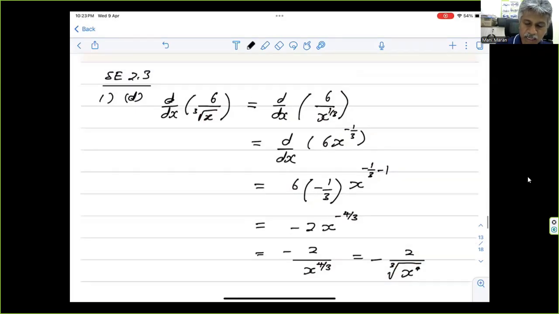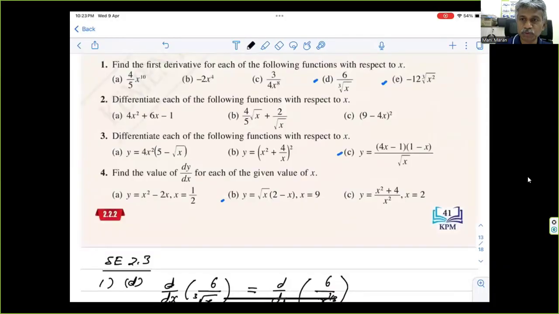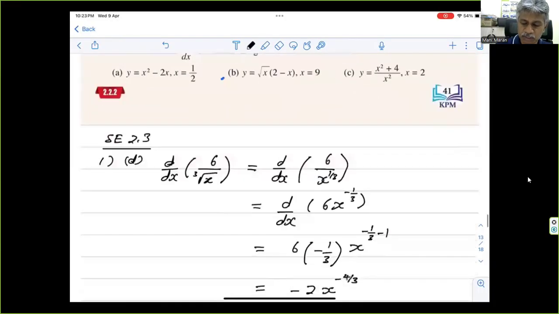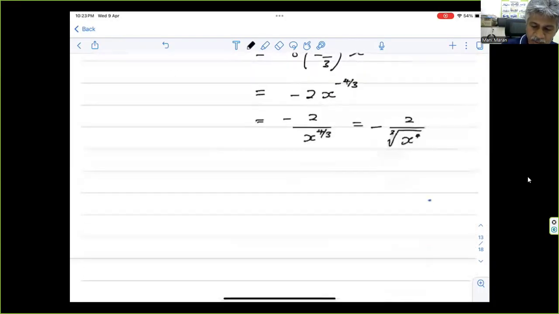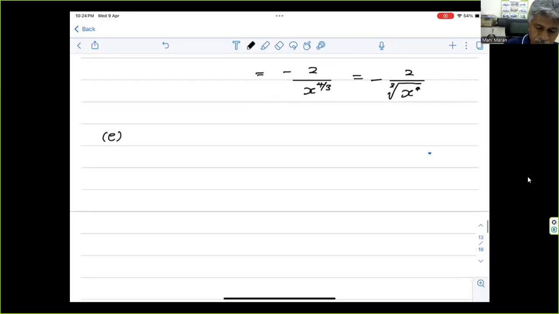Question number 1E: negative 12 over the cube root of x squared. This is also very simple, but I'll just show you anyway. You can try this or the other questions later. So in question number E, you are asked to find d by dx of negative 12 over the cube root of x squared.